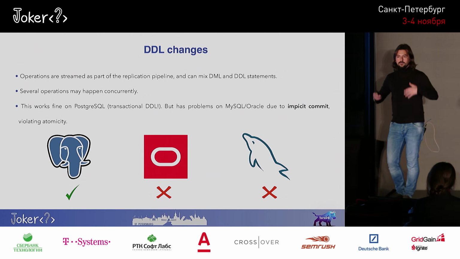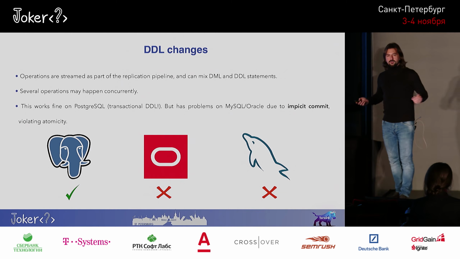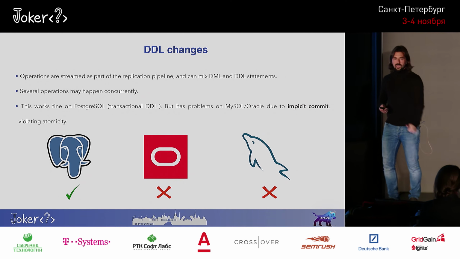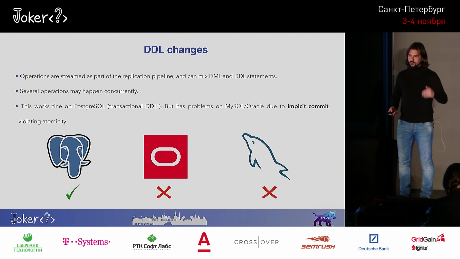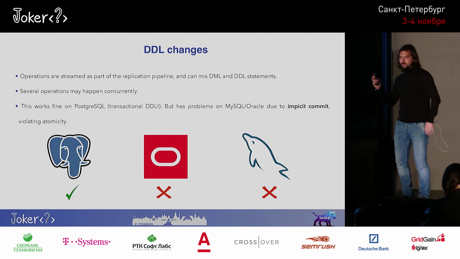So we're mixing DDL and DML commands. We first implemented this as a Postgres backend, and everything worked fine, because Postgres has transactional DDL. You can do begin, create table, drop table, create whatever, roll back, and everything will disappear.